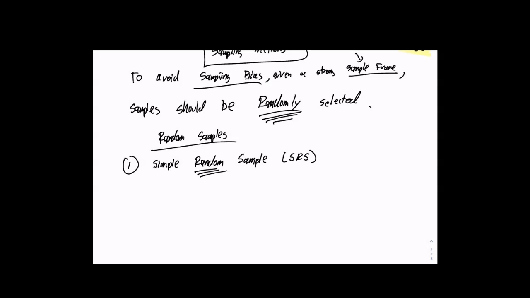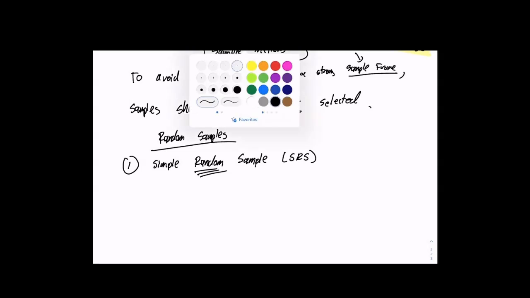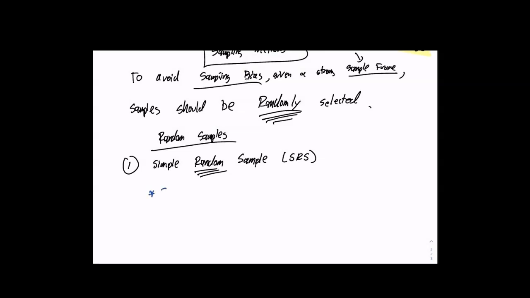And the important word here, of course, is random. This is when each individual in the sample, or each individual in the population, and hopefully it's the population, has an equal chance of being selected.